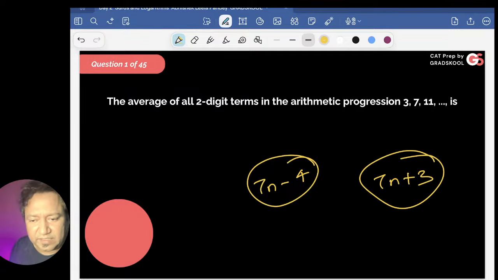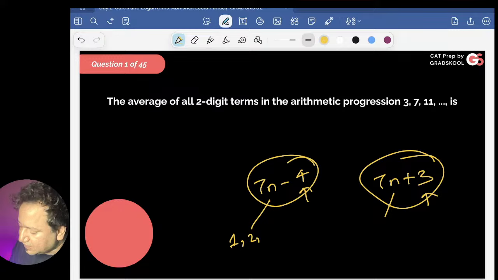The only difference is that if minus 4 is the negative remainder, 3 must be the positive remainder, isn't it? So n starts with 1 here, and in this case, n starts with 0. So the moment I move the quotient to whole numbers, the remainder changes. A positive remainder becomes negative, and a negative remainder becomes positive. All of you understand that?